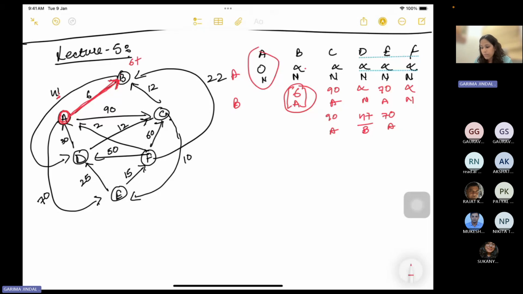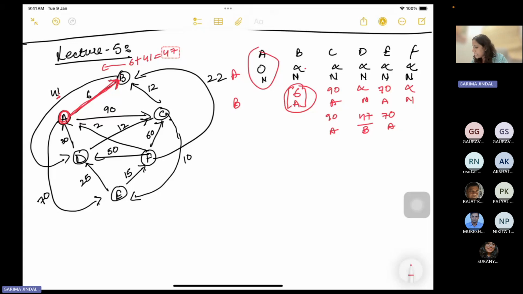So the total cost will be 6 plus 41, that is 47. So the cost to reach D will be 47. Now is it clear to everyone? Yes. Okay.